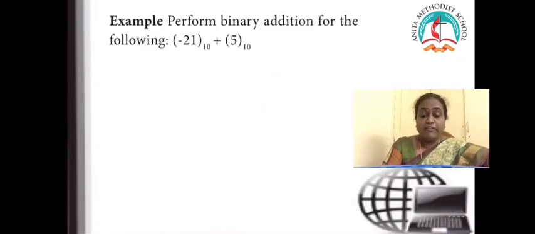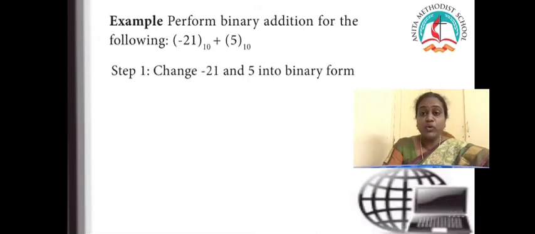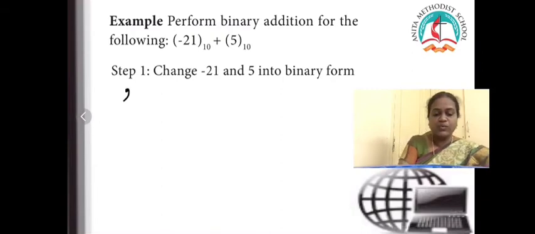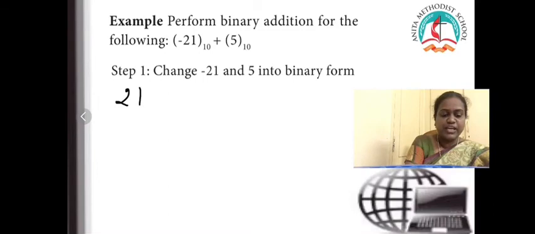Okay. Now if I have a decimal number, how should I work it out? The same way as I told you in the binary addition. First we have to change the decimal numbers into binary form. We know how to convert. So I want you to convert 21.